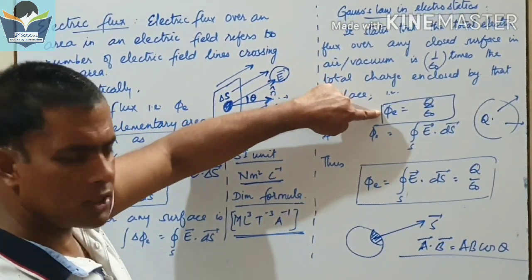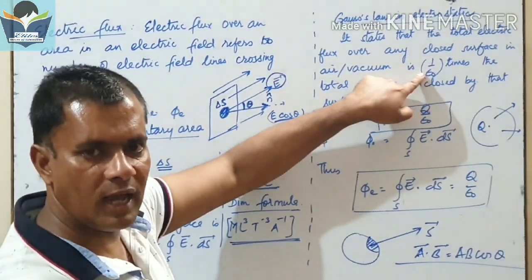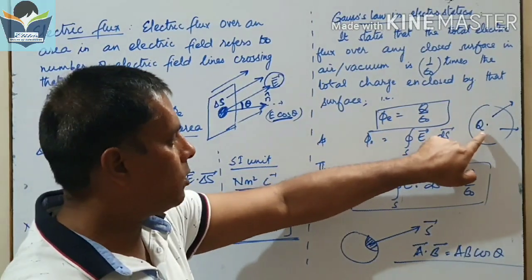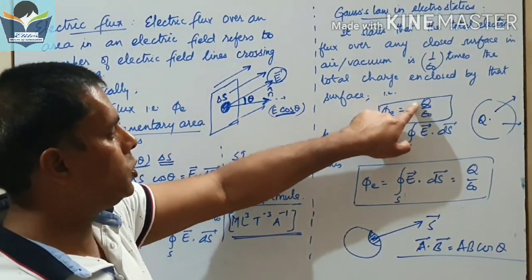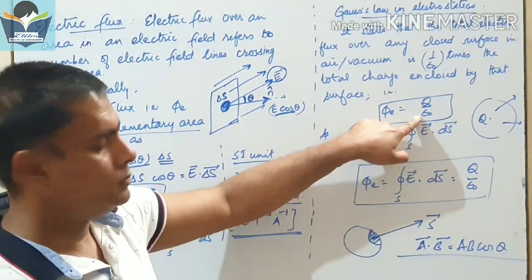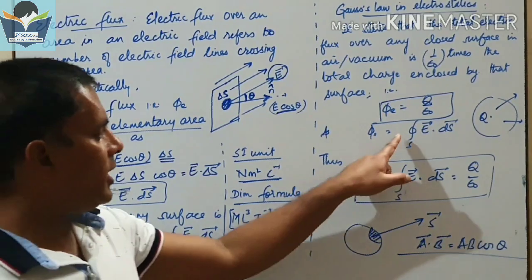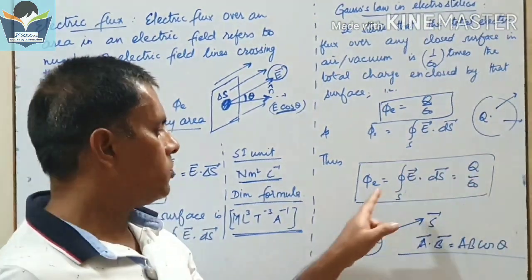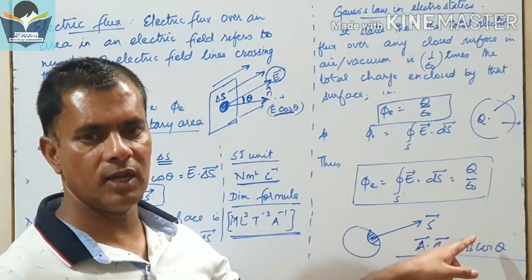The total flux coming out of a surface is 1 upon epsilon naught times the charge enclosed within the surface. So phi E equals Q upon epsilon naught. Remember that phi E can be taken as the integration of E dot dS. So the closed integral of E dot dS equals Q upon epsilon naught.